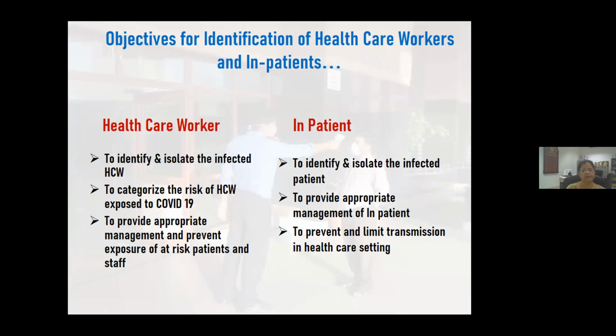For the healthcare workers, the objectives are to identify and isolate the infected healthcare worker, to categorize the risk of healthcare workers exposed to COVID-19, to provide appropriate management, and prevent exposure of at-risk patients and staff. The objectives for early identification in suspected inpatients are to identify and isolate the infected patient, to provide appropriate management of inpatients, and to prevent and limit transmission in the healthcare setting.